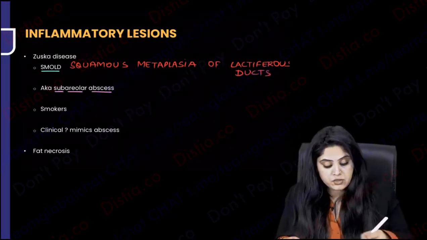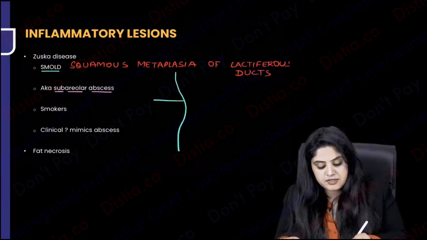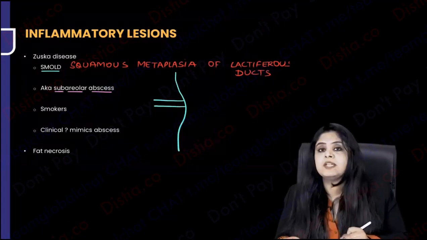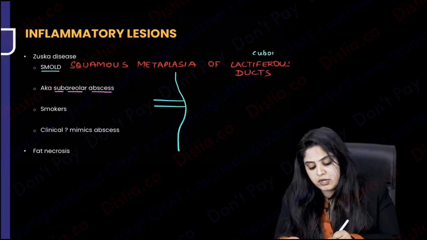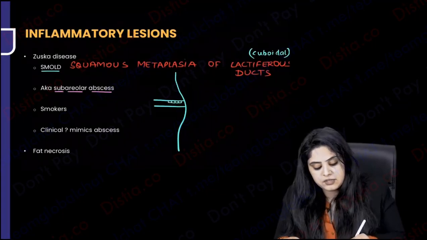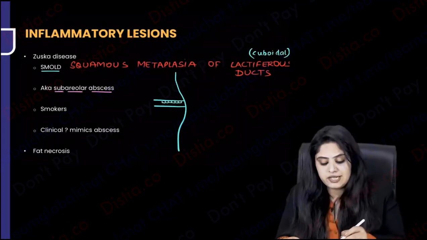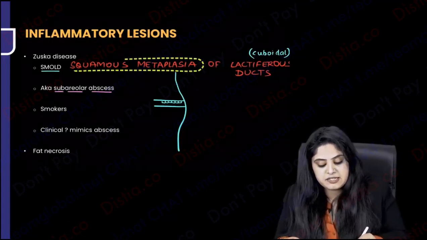So now when I draw the same situation, I will realize that okay, if this was the lactiferous duct which was going from here, it was going to have which epithelium? Lactiferous ducts were supposed to have cuboidal or maximum columnar. So this was the epithelium that the lactiferous duct was supposed to have. But has it changed? Yes, there has been a metaplasia, there has been a squamous metaplasia that has occurred.